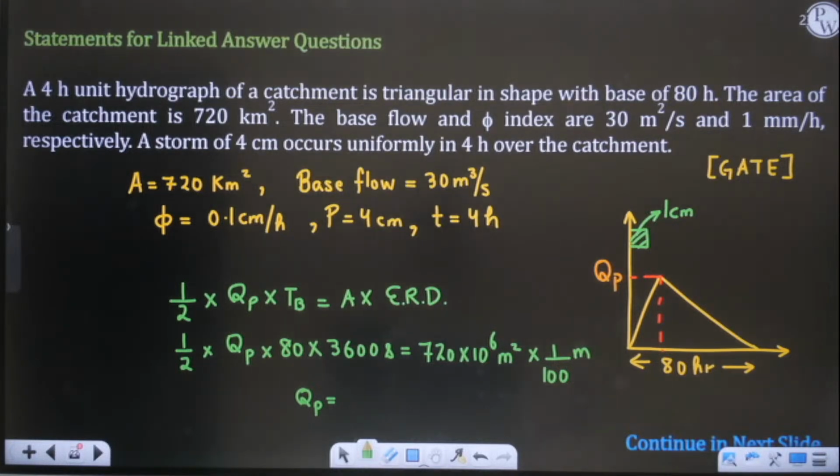If you solve it, it is 720 into 10 power 6 divided by 100.